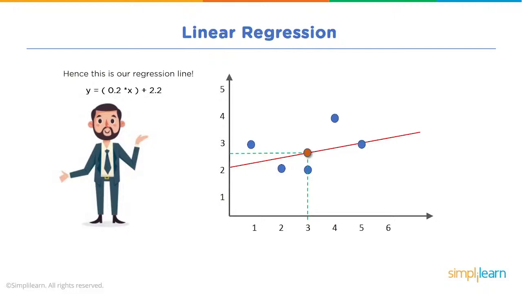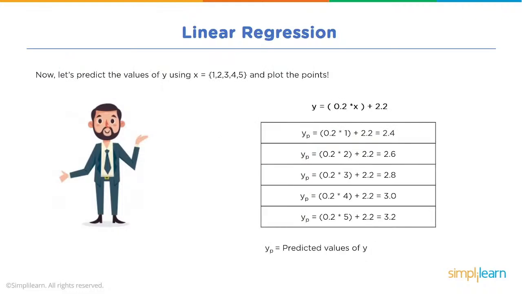Once we have all that, we can plot our regression line: y equals 0.2 times x plus 2.2. From this equation, we can compute new values. Let's predict the values of y using x equals 1, 2, 3, 4, 5 and plot the points. Remember, 1, 2, 3, 4, 5 were our original x values, so now we're seeing what the line predicts, not what they actually are.